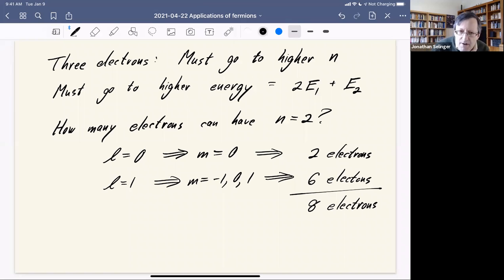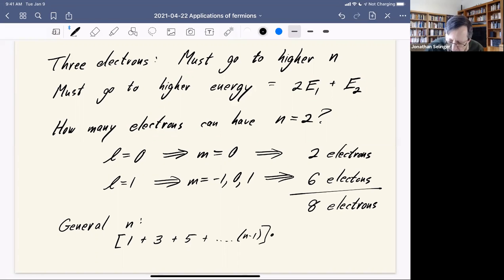Okay. What about other values of n? Okay, well, for a general n, we could say how many states are there, right? Well, for L equals 0, there's 1 state, plus 3 for L equals 1, plus 5 for L equals 2, plus ..., right, going up to n-1.